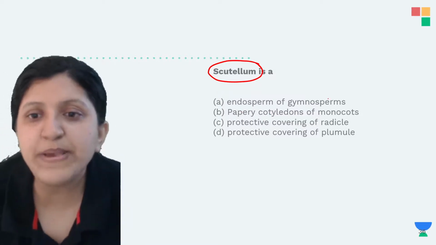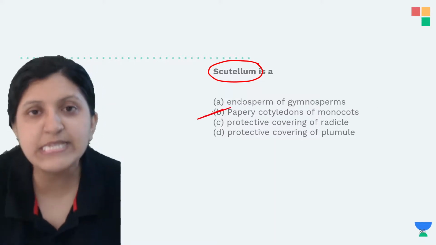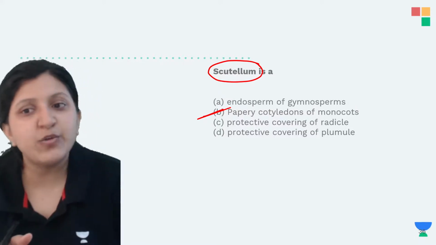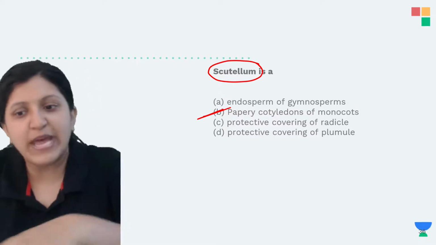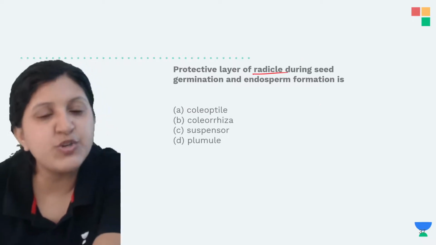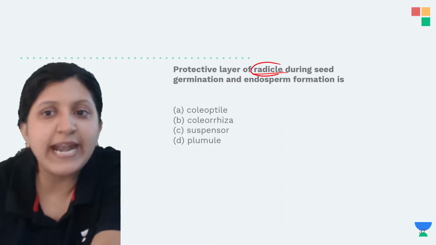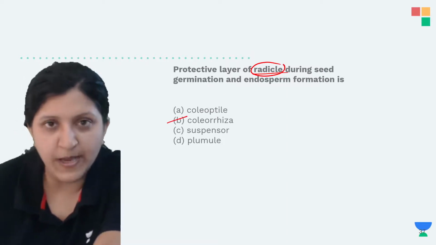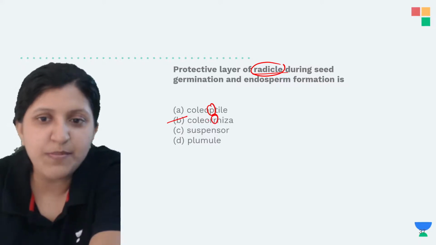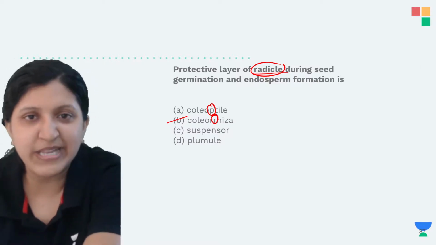The scutellum is basically a papery cotyledon of a monocot, a thin cotyledon that you can find in monocots. The protective layer of the radicle during seed germination is the coleorhiza. If it was asked for the plumule, it is the coleoptile. You can remember using radicle with rhiza, and plumule with ptile, that is coleoptile.